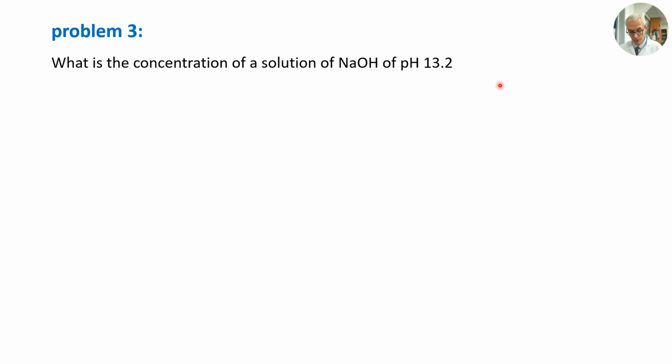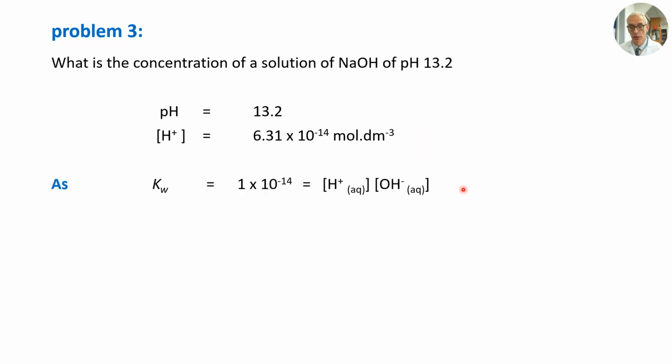Okay, hopefully you're ready. So if the pH is 13.2, from that I can achieve the concentration of hydrogen ions. From that, via Kw, I can achieve the concentration of hydroxide ions.